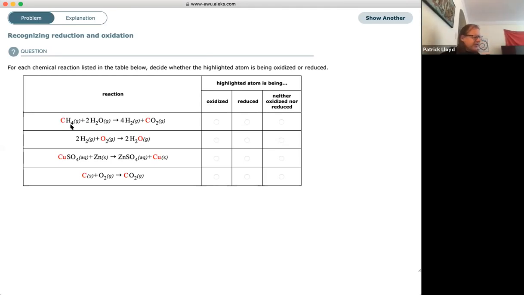So let's take, for example, the simplest acid-base reaction, which would be hydrochloric acid with sodium hydroxide.